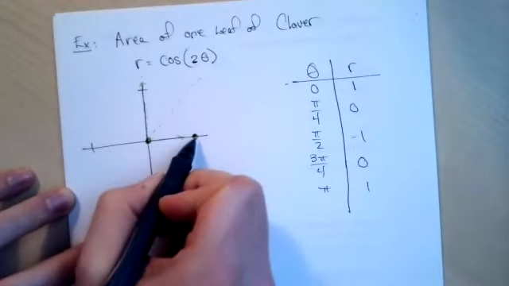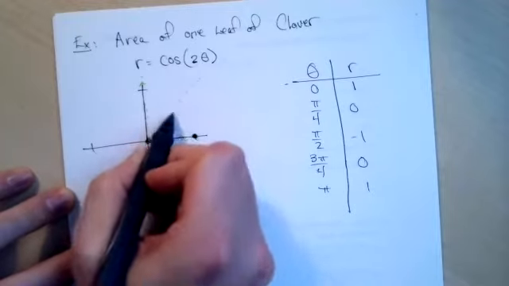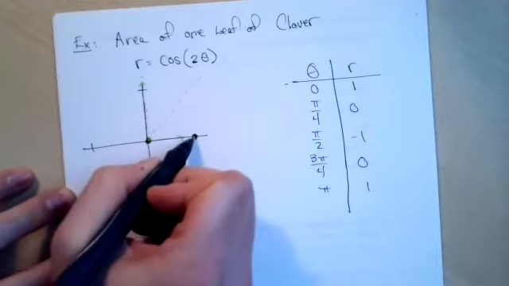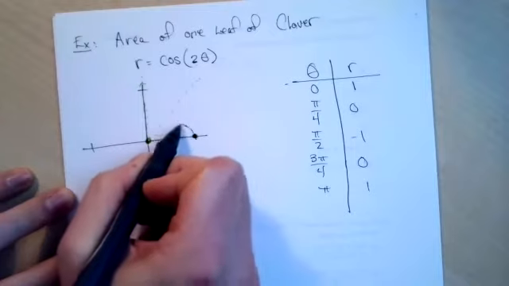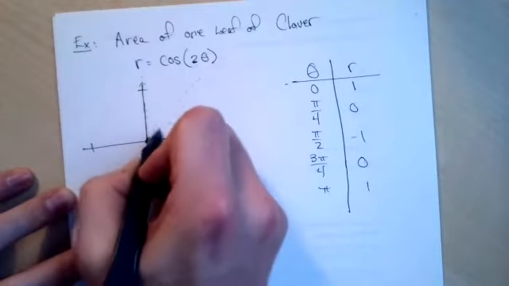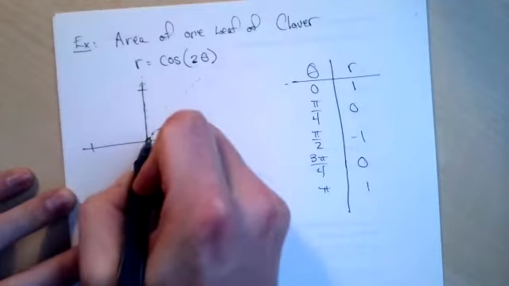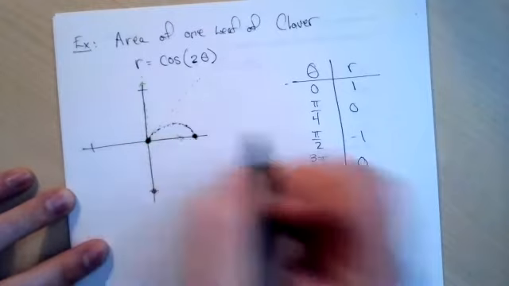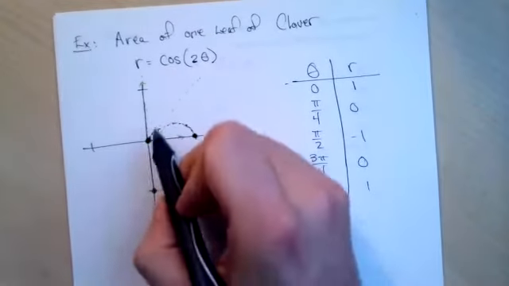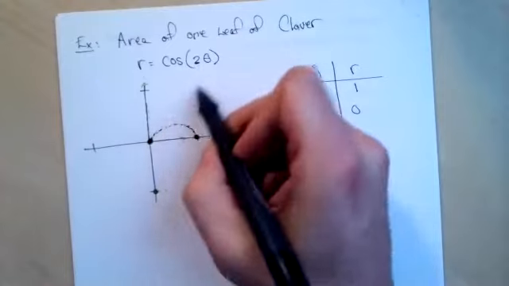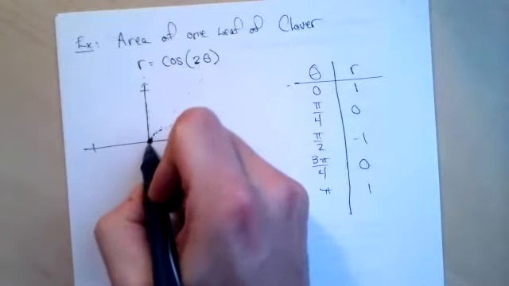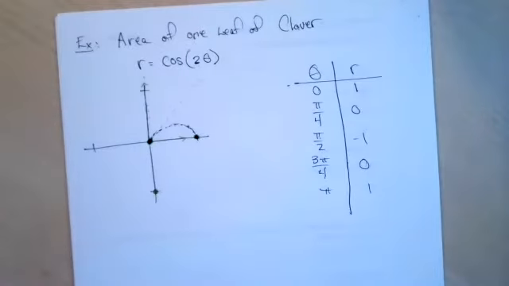We started here, and if we start here, we're rotating counterclockwise, but we're also shrinking down to 0 as soon as we get to pi over 4. Another way to think of how to draw these: on this line of pi over 4, the curve is going to be essentially tangent to that as we approach that specific point.